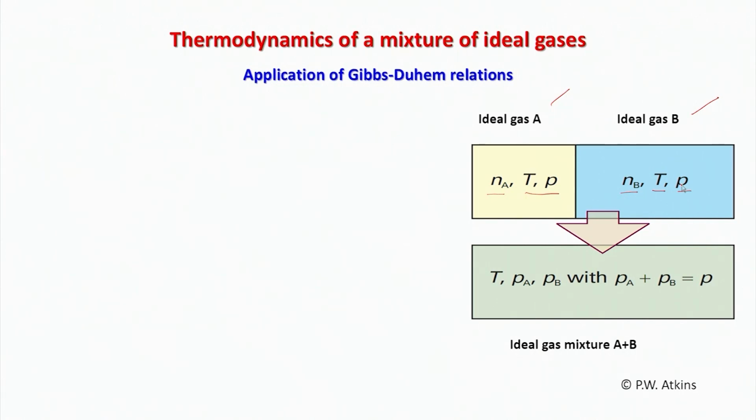Now I allow these two gases to mix such that in the final equilibrium I have the same temperature T, the partial pressure of the gas A is Pa, and the partial pressure of the gas B is Pb, such that in the final mixture Pa plus Pb is equal to P, that is the same pressure at which the pure substances A and B were present before mixing.